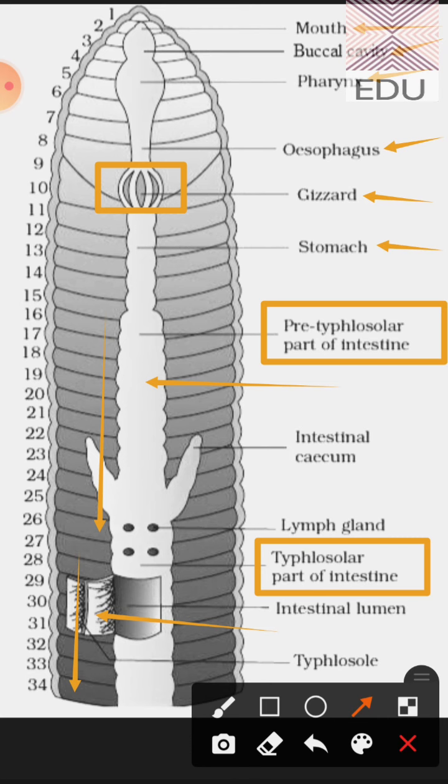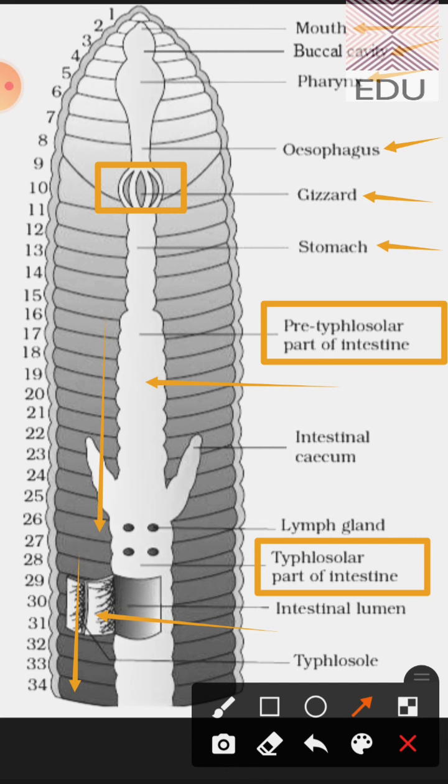So students, that was about the alimentary canal, and the very last part is the anus, present on the last segment, which is called the anal segment. This is a slit-like aperture which can be closed or opened by the will of the earthworm when required. So these are the parts of the alimentary canal.